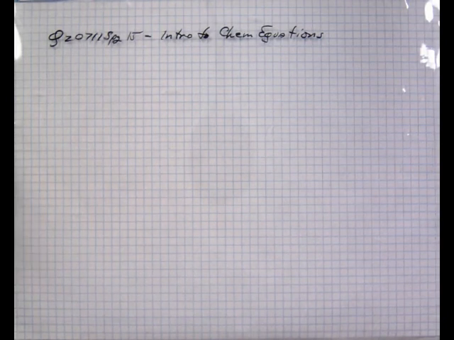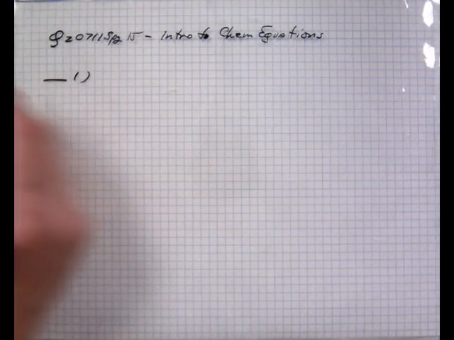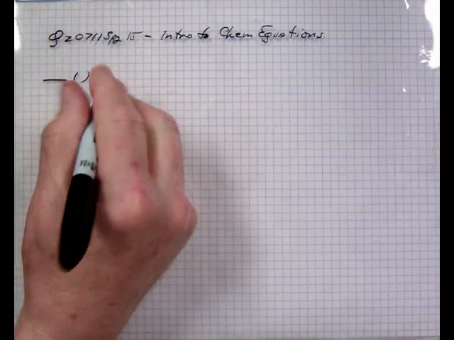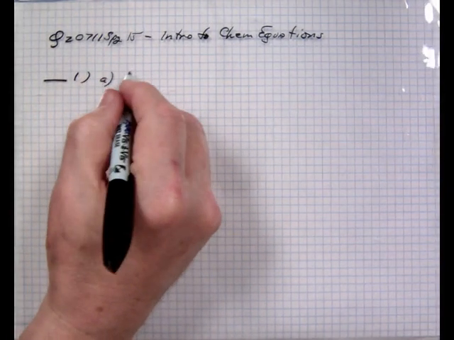So, number one, a reaction conforms to the conservation of matter when the number of reactant compounds equals the number of product compounds. All right.